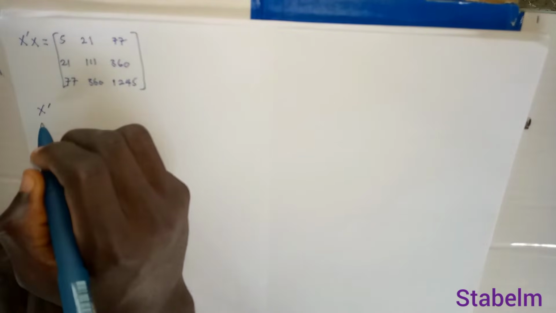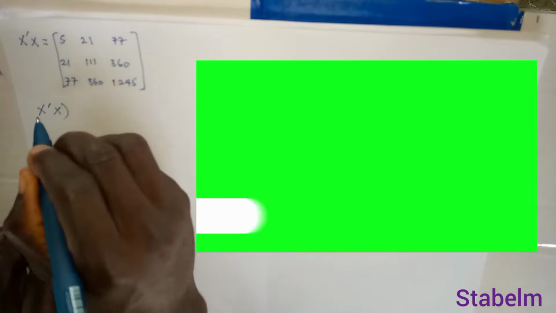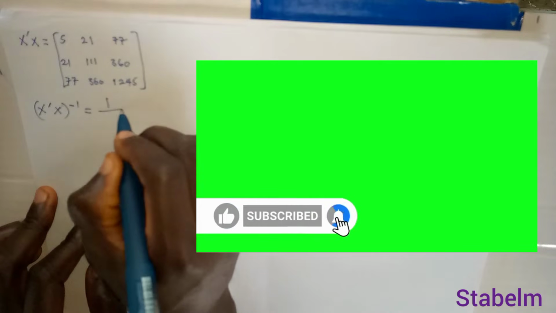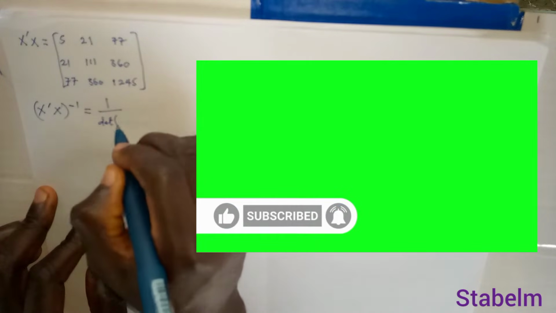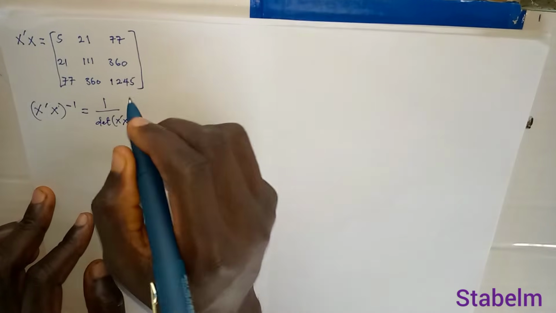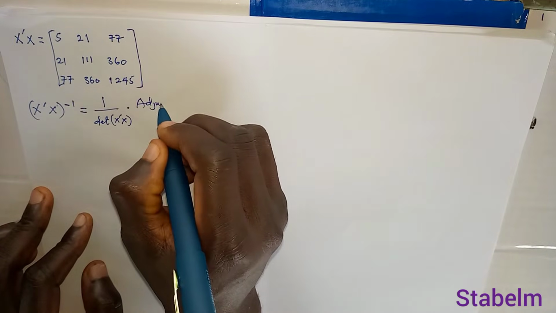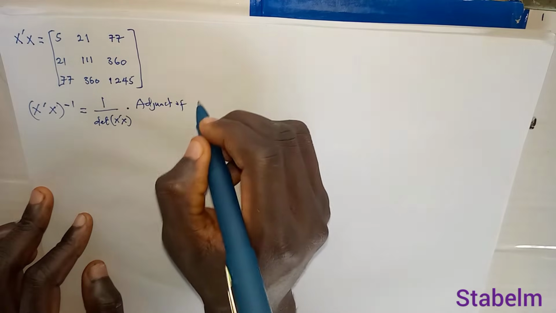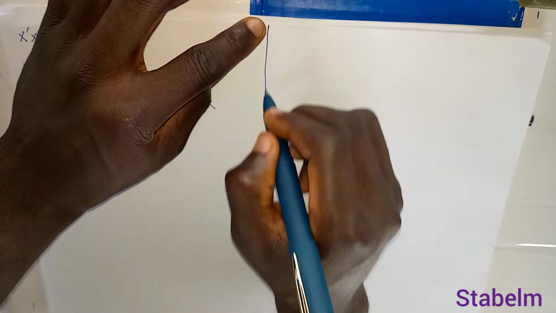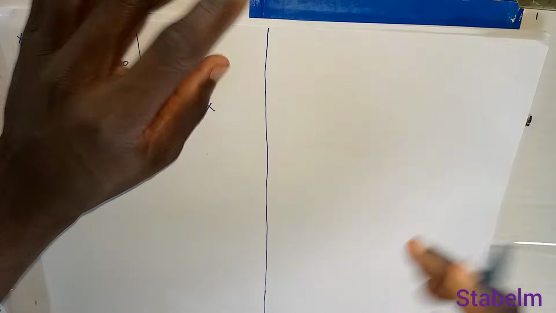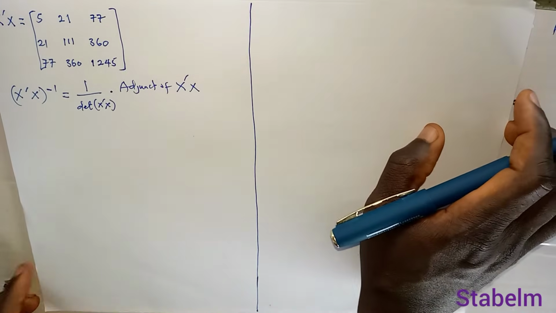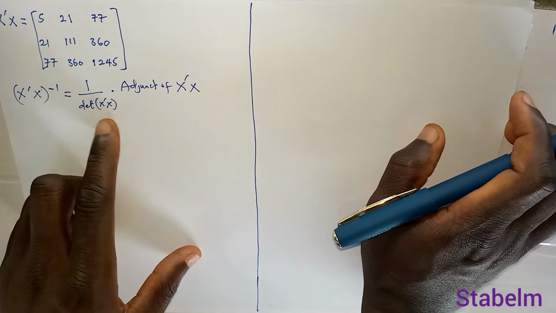X prime X inverse equals 1 over the determinant of X prime X, multiplied by the adjoint of X prime X. So here we need to look for the determinant of X prime X.